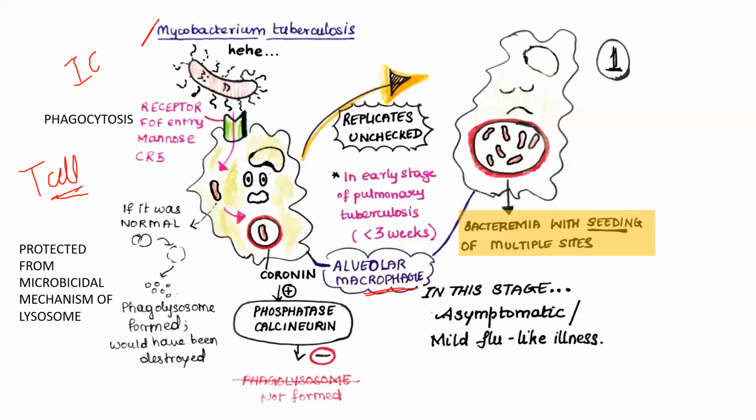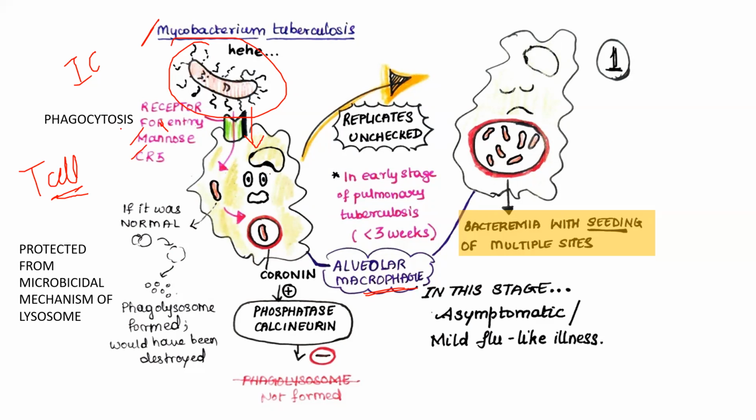Okay, starting off, we have this Mycobacterium tuberculosis, right? It enters into the macrophage, your alveolar macrophage, via receptors like mannose binding lectin and type 3 complement receptors. These are just fancy names.